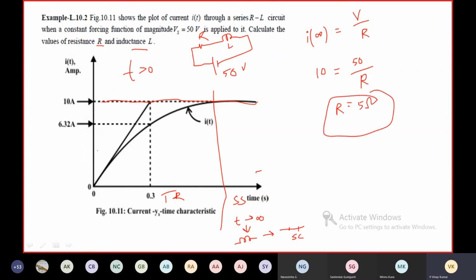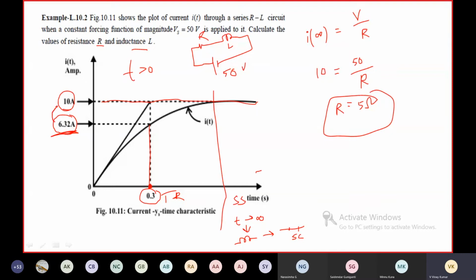Now here, the final value is 10 amps. This is 6.32 amps at t equal to 0.3 seconds. 0.3 seconds will be the time constant, because it is the time taken by the response to reach 63.2% of its final value.